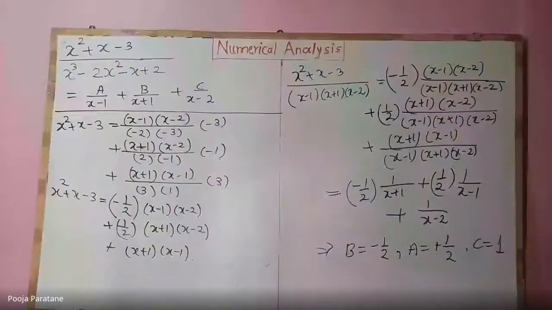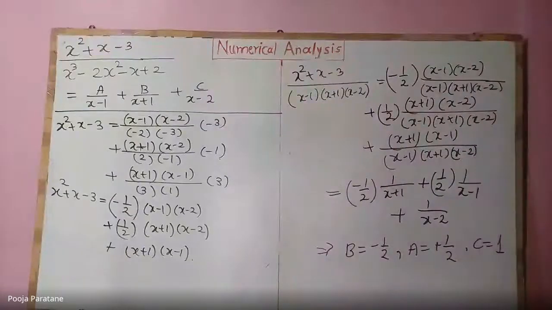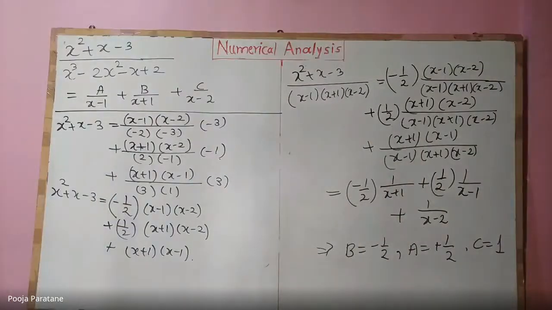So we can now say that the partial fractions for this rational function can be written in this way, and these are the values of the constants. So using Lagrange's interpolation formula, we can find the value of the function at a given x. Then we can find the formula for y.